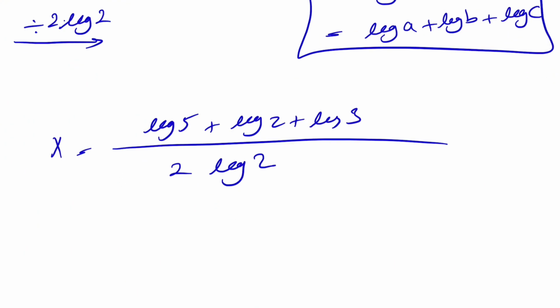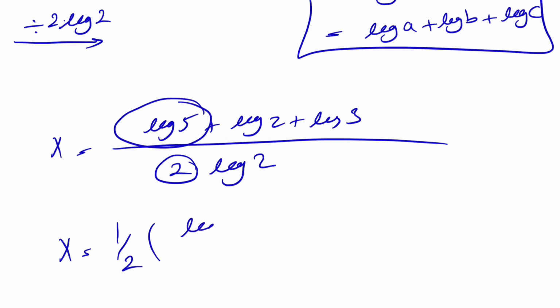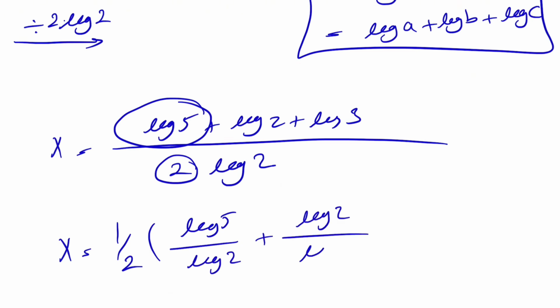So I'm just going to take out the 2, so this will be 1 divided by 2 times each of them. So we have log of 5 over log of 2, plus log of 2 over log of 2, which will be 1, and we have log of 3 over log of 2.